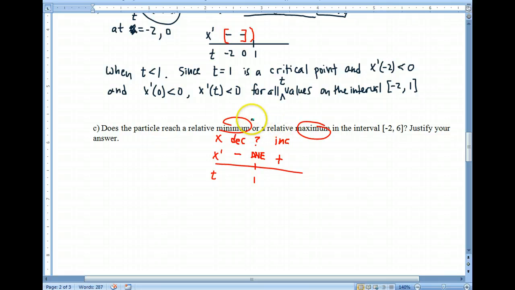It would be a relative min. If it's decreasing, then increasing, you have a relative min. But since it's DNE, could it possibly be like an asymptote? Yes, and that's where it becomes tricky. Could be a relative min. Could be an asymptote.